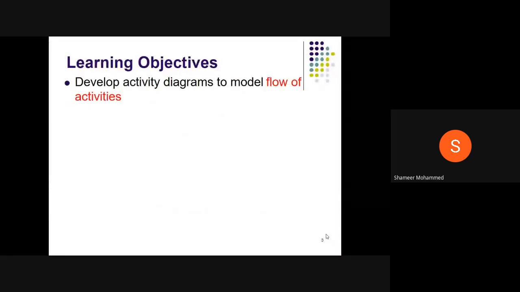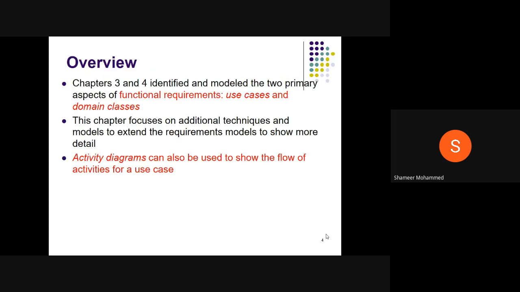Developing the activity diagrams to show the flow of activities is our objective. In the previous lectures, you studied how to draw the use case diagram and class diagram. The class diagram does not show the steps, what is happening inside.